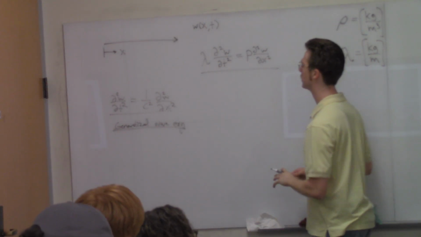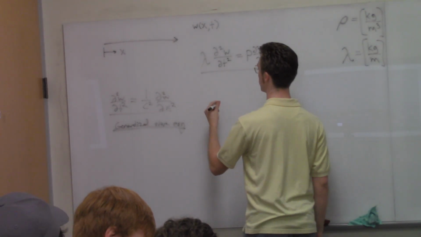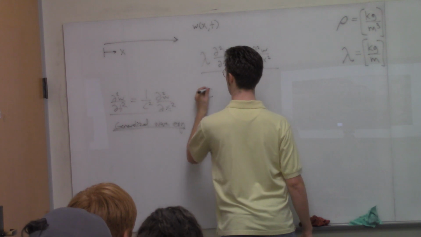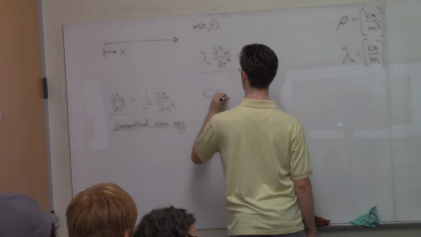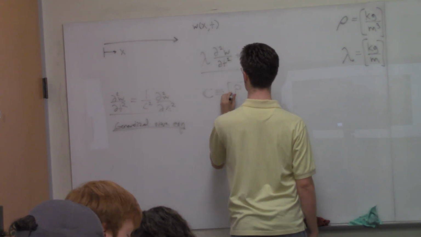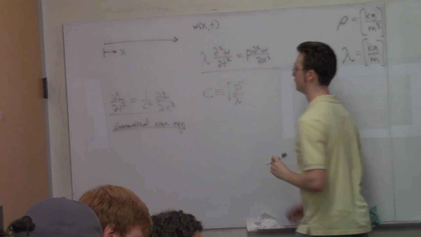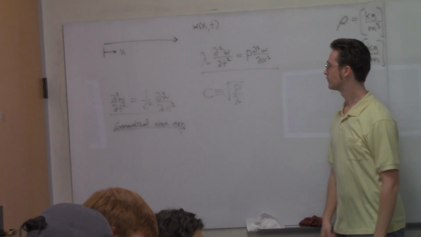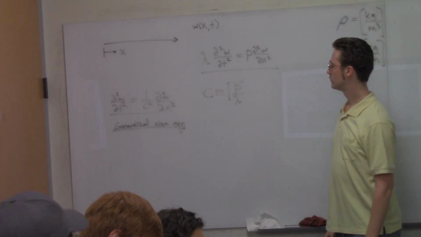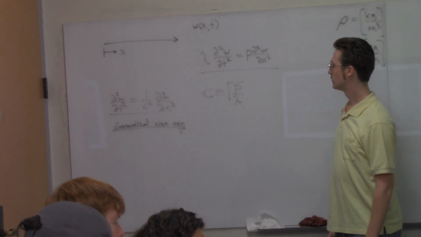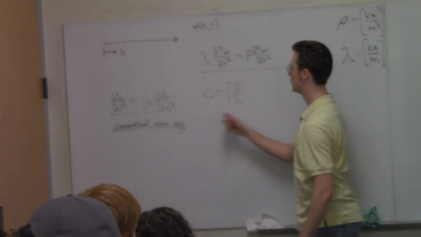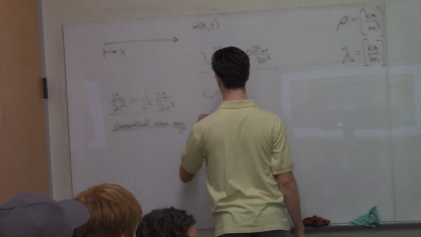The important thing to realize is that we can declare the speed of wave propagation as the square root of P over lambda. Ignore this for now. This is the important part. Speed of wave propagation.